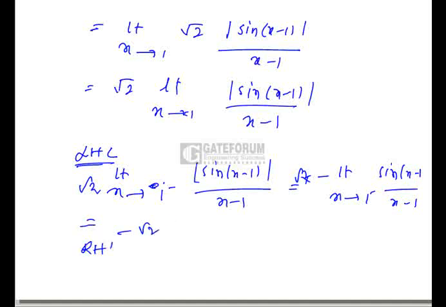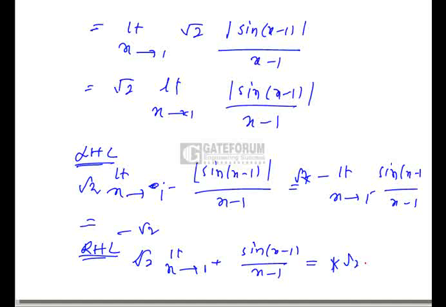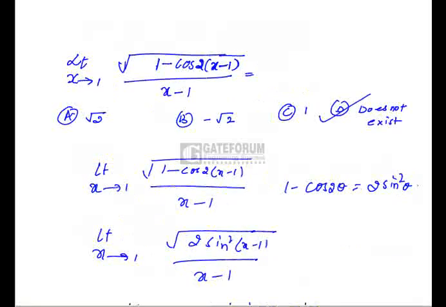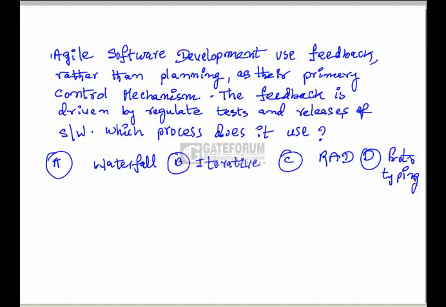And if I consider the right hand limit, which is root 2 times of limit x tends to 1 plus, then the modulus will be positive sine of x minus 1 by x minus 1, so that the limit will be 1. Now right hand limit is 1 into root 2, which is equal to root 2. Now left hand limit is not equal to right hand limit, because left hand limit is minus root 2, whereas right hand limit is root 2. So as they are not equal, limit does not exist. That is option D.